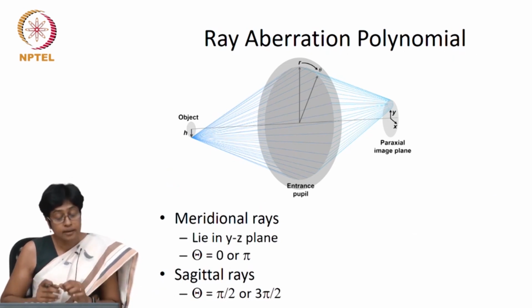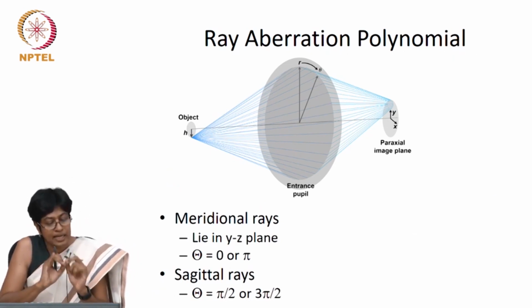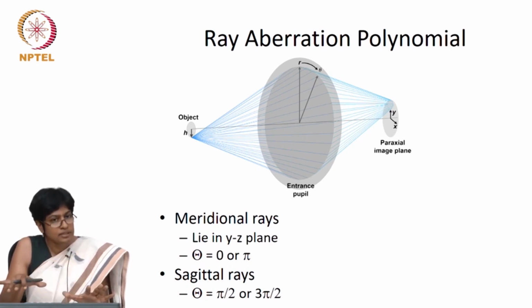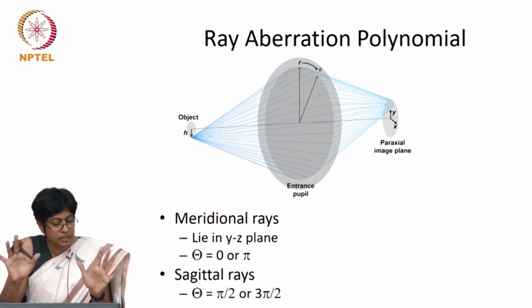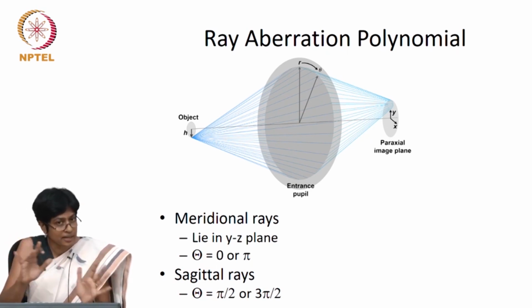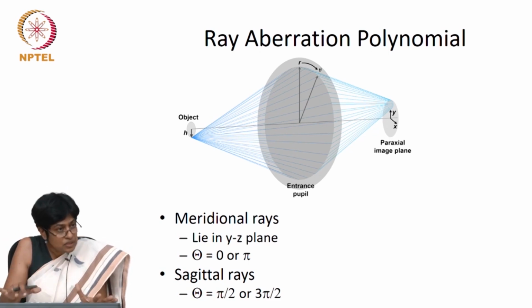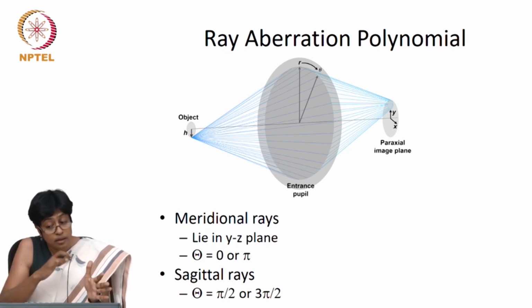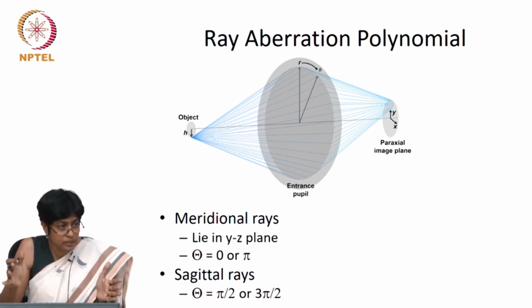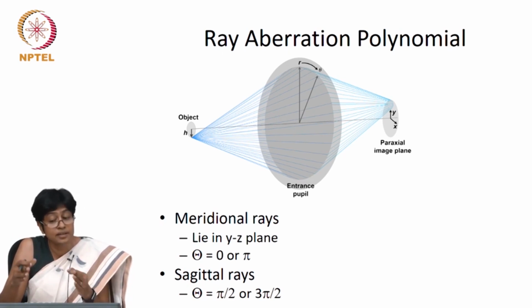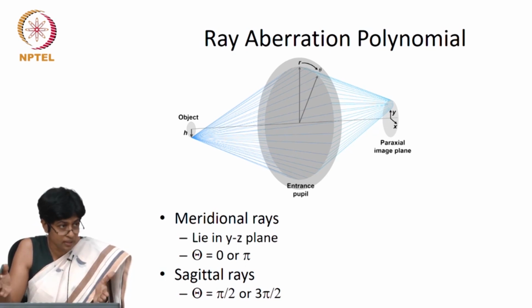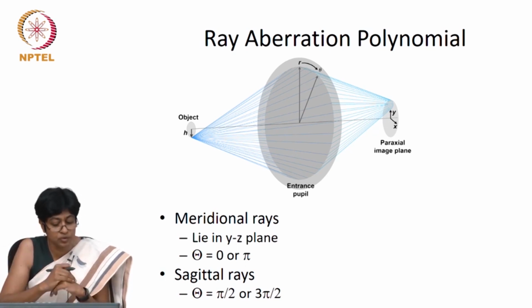Now, again, I need to be specific about the types of rays that are going to go through this system. Let's revisit our definition of the meridional ray. We said it's the ray that lies in the YZ plane, and maybe this figure makes it a little easier to understand. To make it easier to picture, think of it as the rays that have angle theta as either 0 or pi, in the terms that we have given here.